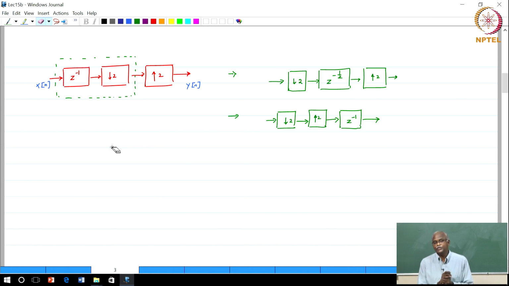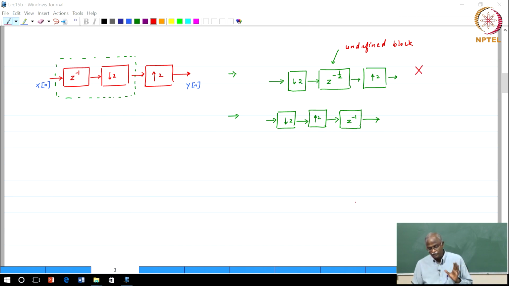One of the rules in applying the noble identities is that you cannot get an undefined block. So basically this is an undefined block. z^-1/2 is not defined, right? So in the process of applying the noble identity, this is not permitted.